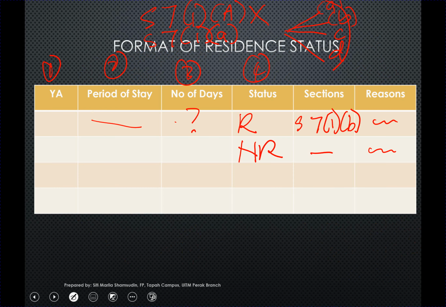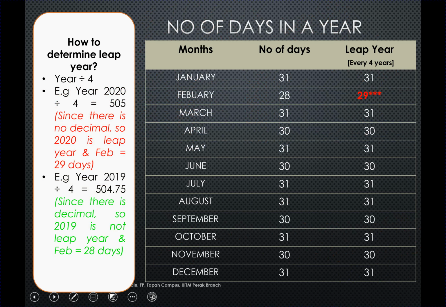Nak tahu berapa hari, kita tengok tadi yang saya tunjuk kat awak. Dia duduk daripada 3 Januari sampai 31st August. So dia duduk 31, 30, 31. Untuk Februari pun dia duduk penuh. Untuk Januari ada 31 hari. Dia start ada di Malaysia daripada 3 hari bulan Januari kan.